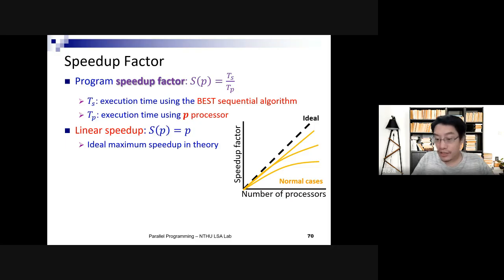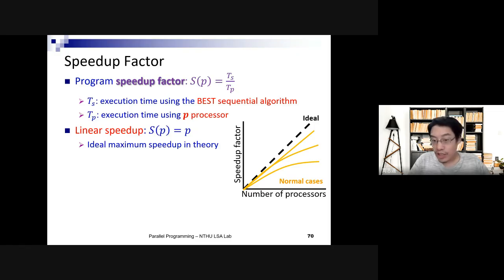However, in practice, as we said, there are many factors to be taken into account as well, especially things that slow down your execution, such as the communication and synchronization we mentioned. And that overhead usually grows when the scale gets higher. So you will see the curve bend down as you increase the number of processors.